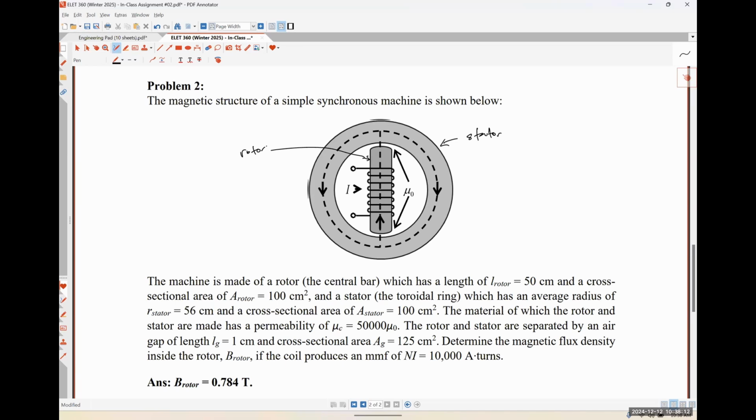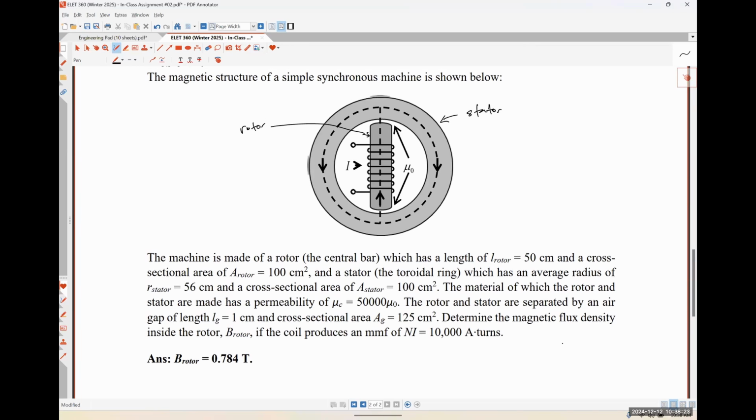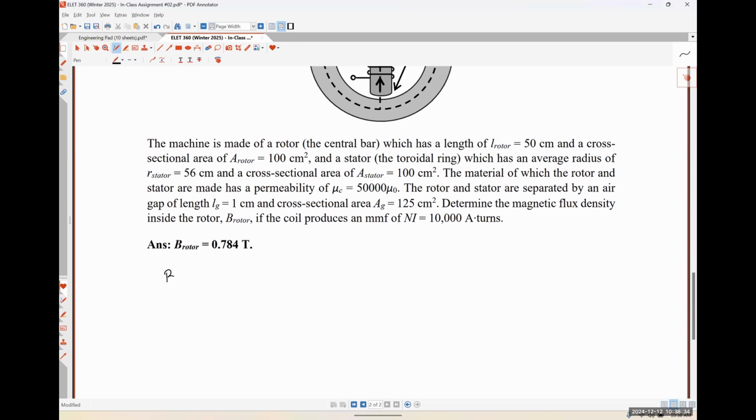Our air gap length is 1 centimeter and our air gap cross-sectional area is 125 centimeters squared. We are asked to determine the magnetic flux density inside the rotor if our MMF is 10,000 amp turns. Okay, so ultimately we are trying to find B. What are our relationships dealing with B, our magnetic flux density?